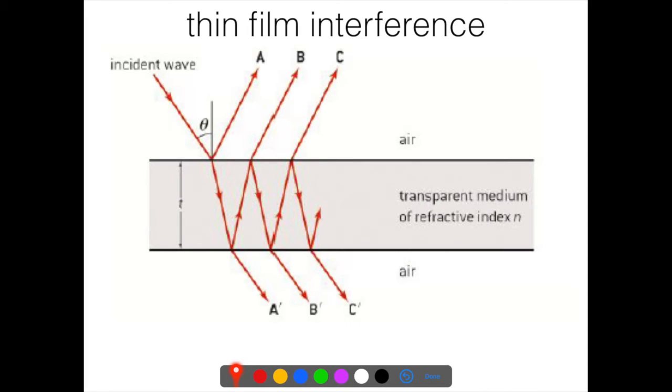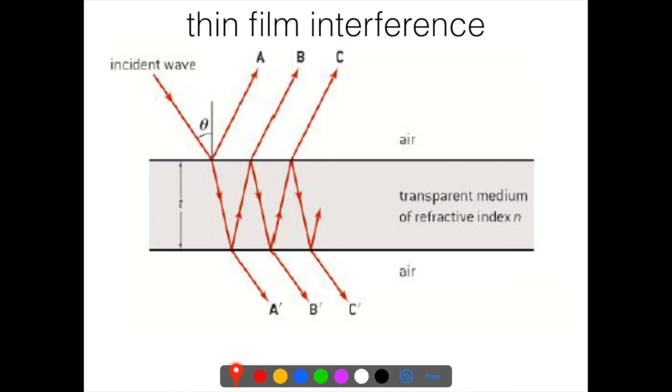Now this process of some of the light going out and some of it being reflected is important to the thin film interference, because what this means is that now for one wave coming in, I have several different waves coming out. And the result of that is going to be that we now have the possibility for interference.